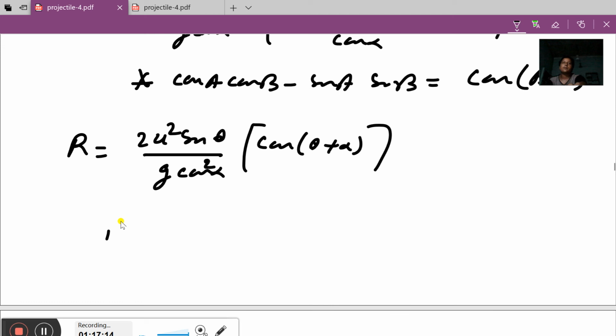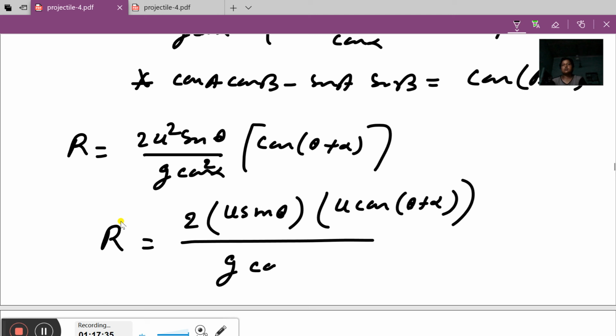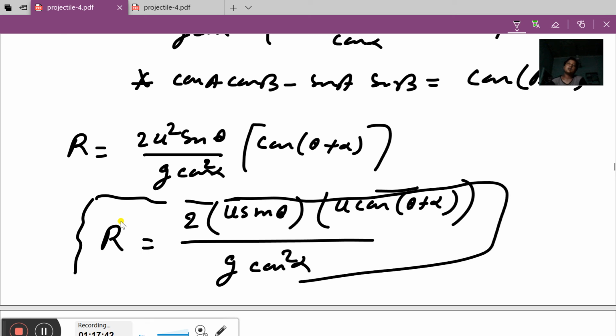So R is 2u square sin theta cos theta plus alpha over g cos square alpha. This is the required relation for range.